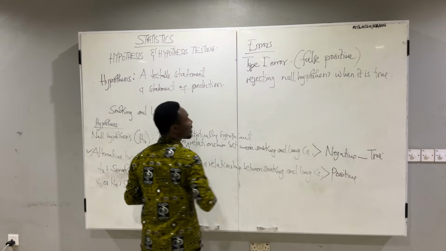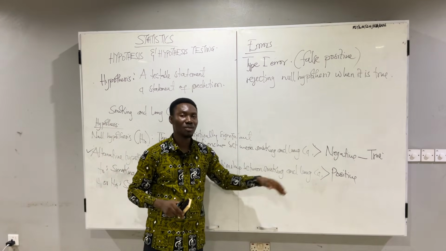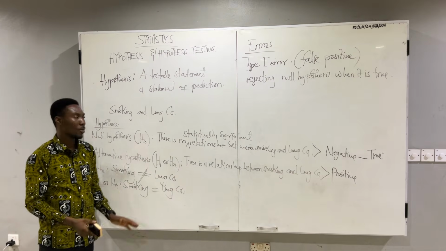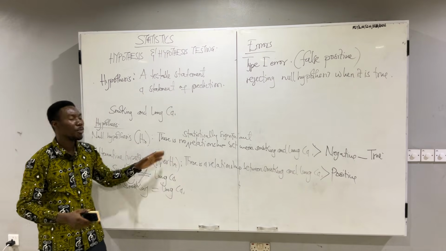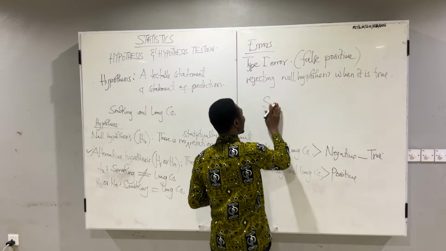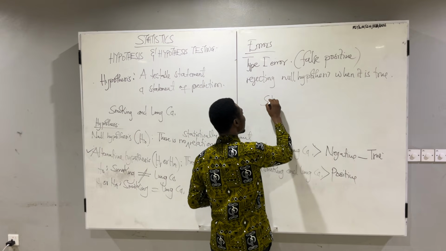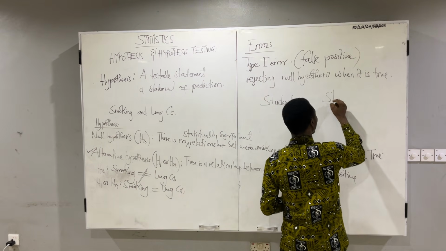Okay? When we say type 1 error, it simply means you've rejected the null hypothesis when it is true. Okay, so in natural sense, let's say this null hypothesis is true. You rejected it. Let's take stealing. Let's take students and stealing.